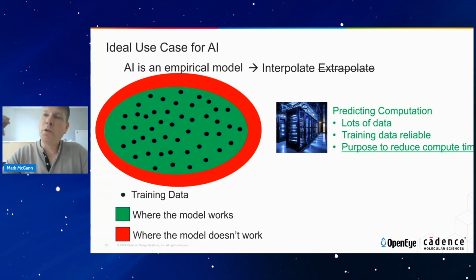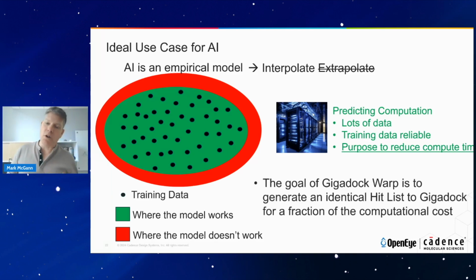And most importantly, because we already have the capability of docking billions of molecules, we don't actually have to dock quite that many for the training set, but we can dock many molecules, often millions of molecules, and make that the training set. So we have a lot of training data to use to train the model. So our purpose here is to reduce the compute time.